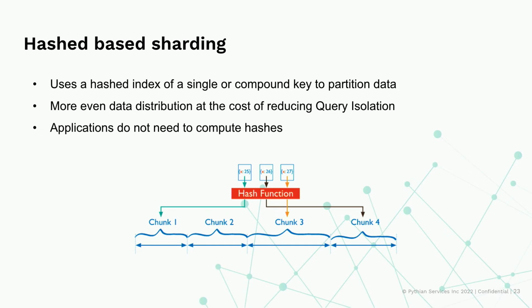So for hash-based sharding, monotonically increasing keys might be good because it has very good cardinality, and mostly those values are unique. So you will get very equal data distribution by using these keys. And the application doesn't need to compute the hash. This is only done on the MongoS layer.